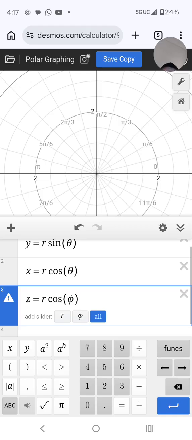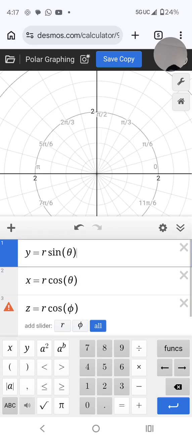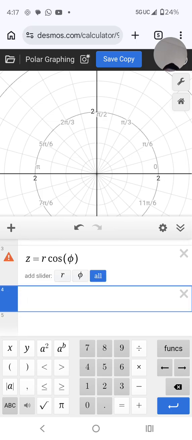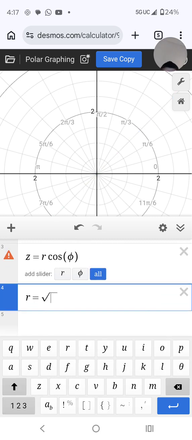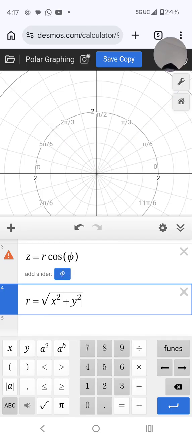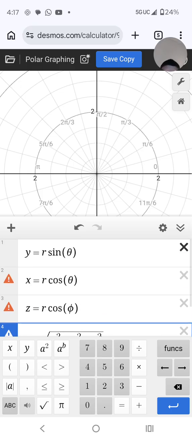Phi is an angle in the third dimension, a 3-dimensional angle. So phi is another angle, but in a different axis. So theta and phi are very similar. So these are the polars. And for 3 dimensions, r equals the square root of x squared plus y squared plus z squared.